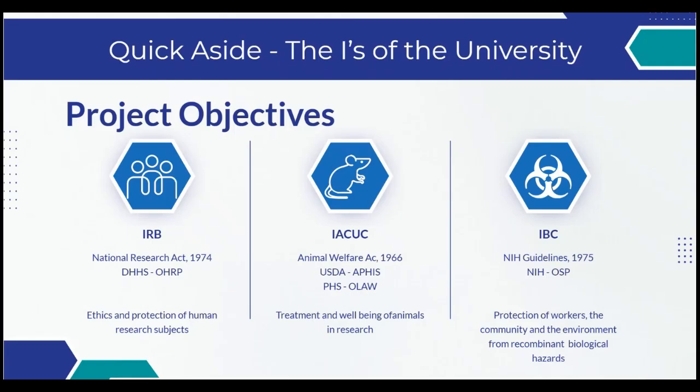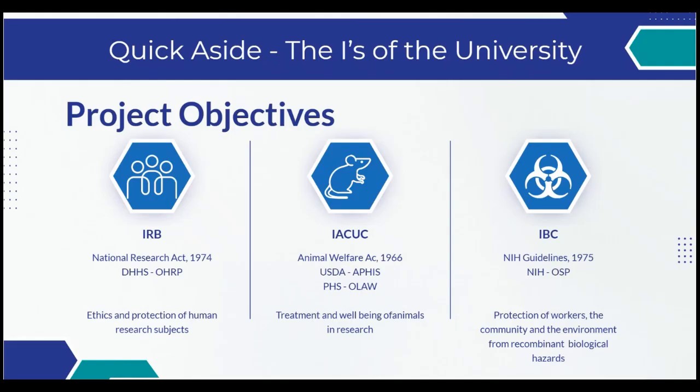The IRB is focused on ethics and the protection of human subjects, regulated primarily by Health and Human Services and the FDA under the Common Rule, 45 CFR 46. The IACUC ensures animal welfare in research, following USDA animal welfare regulations and PHS policy.